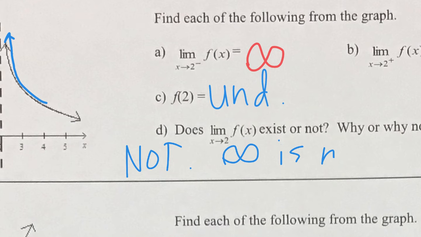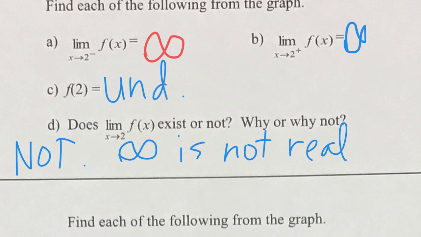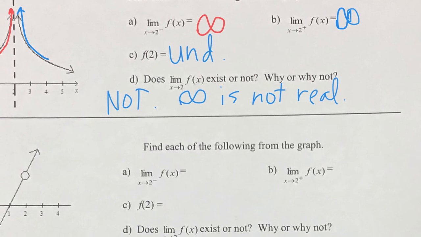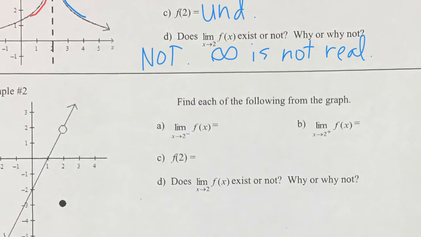Infinity is not real. Okay, the left and the right have to go to the same spot, and they do, but infinity is not a real number. So it does not exist. Okay? So a limit would not exist if you have an asymptote. Limits do not exist at asymptotes because asymptotes are undefined and infinitely limited.